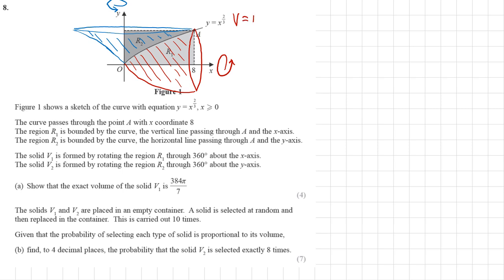So volume of a revolution around the x-axis is going to be pi, and we will have limits of x1 and x2, I could call them alpha and beta, y squared dx, and then volume of revolution around the y-axis, that volume is going to have y limits, y1 and y2, and this will be x squared dy.